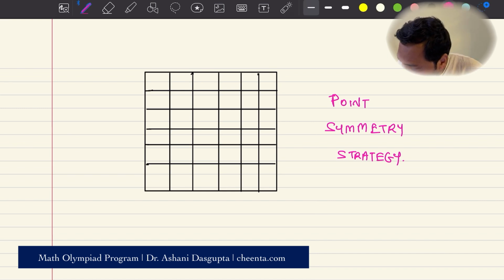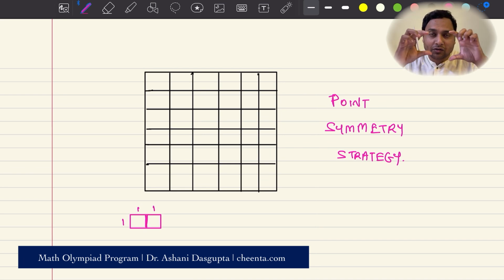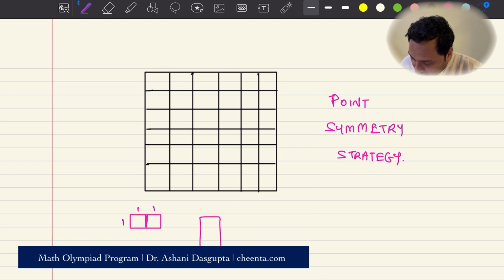Dominoes means it's a 1x2 piece. You can put it horizontally and vertically. If you put it vertically, it will look like this, so then it's a 2x1. So it's a 1x2 or a 2x1 piece, and 2 players are playing a game.